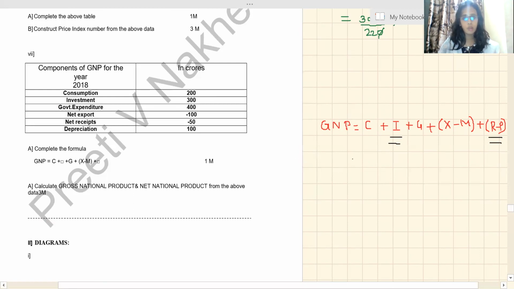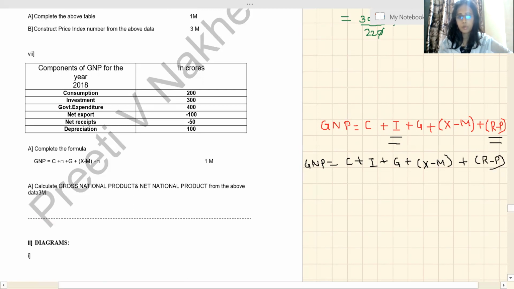Now next, they have told you to calculate gross national product and net national product from the above. So we know the formula. So in the second question, you will again write this formula, C plus I plus G plus X minus M plus receipt minus payment. Okay. Then C, what is C?